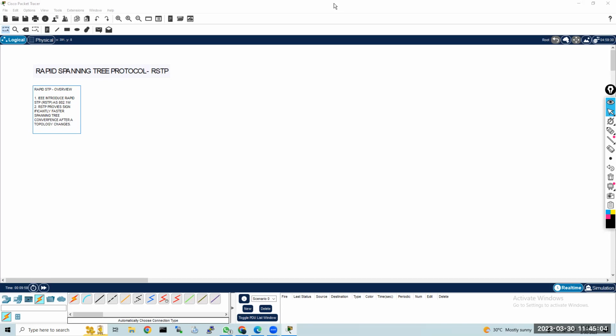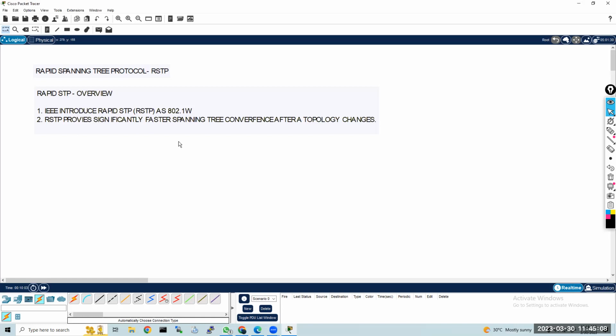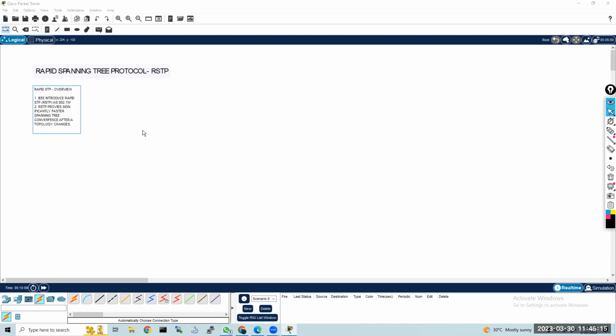After every topology change, it will come up very fast. Because last time we discussed, the third point, let me write it down. How much time does spanning tree take? It can take up to 30 to 50 seconds to respond.